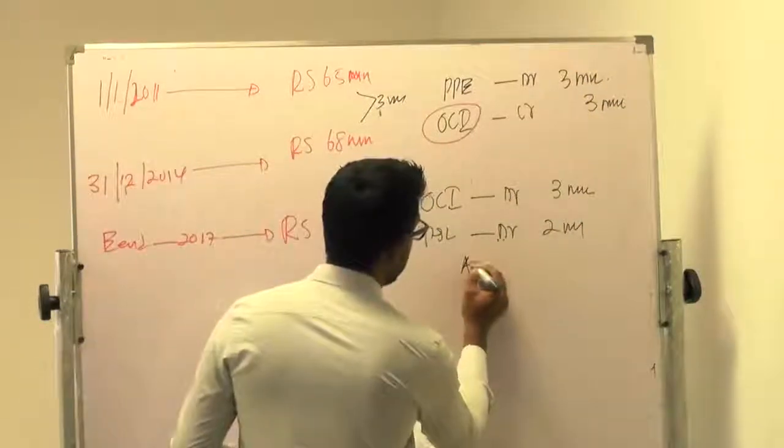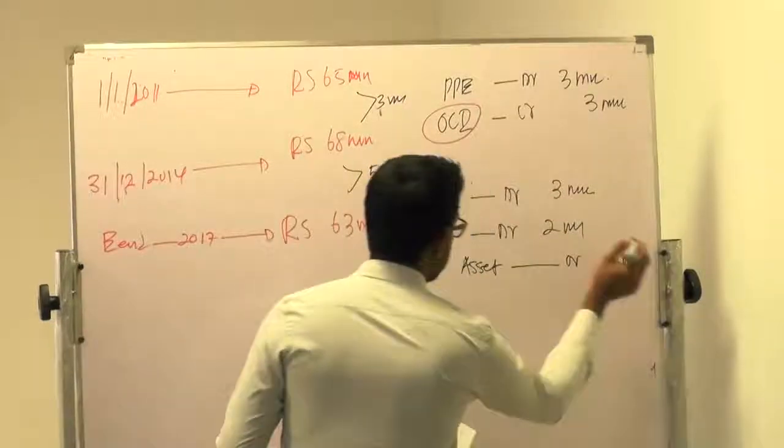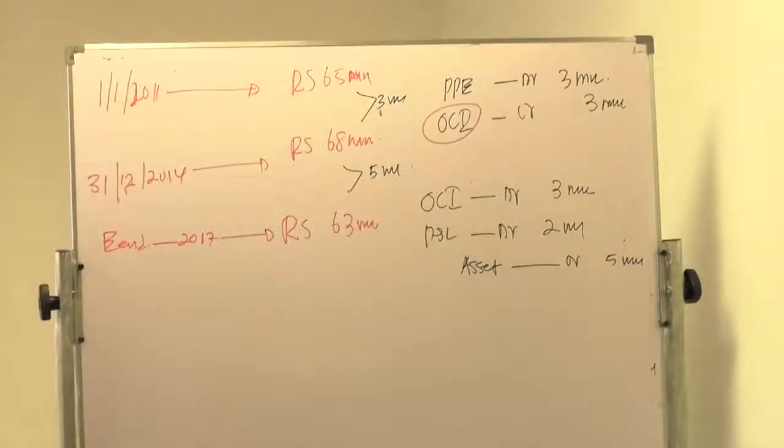And the asset should be decreased by 5 million, so asset credit 5 million. Very simple to explain this with numbers. Understand it. Previously you had a gain, so you recovered that gain and only the balance you charge to P&L. Fine.